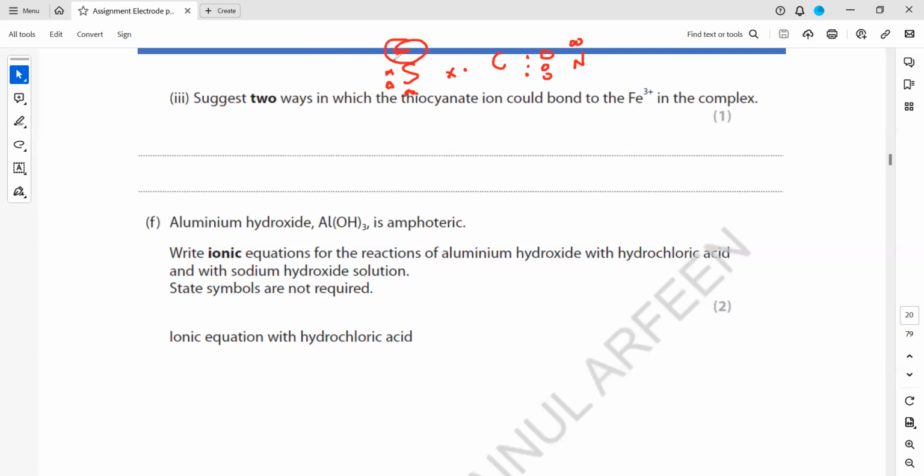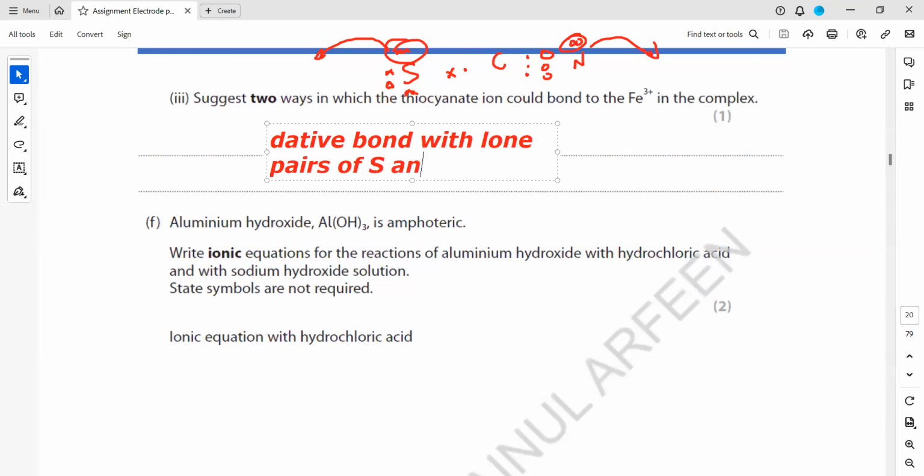So it can form a dative bond with a lone pair of sulfur, or it can form a dative bond with the lone pair of nitrogen. So two ways it can form a bond. It can form a dative bond with the lone pairs of sulfur and nitrogen. So one mark is for mentioning that the dative bond can be formed by the lone pairs.